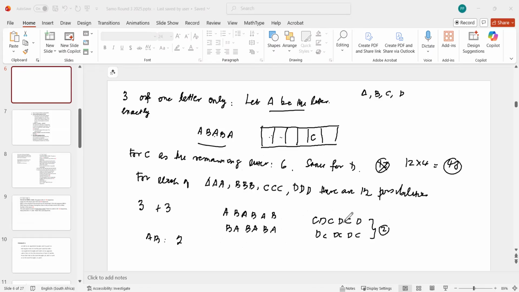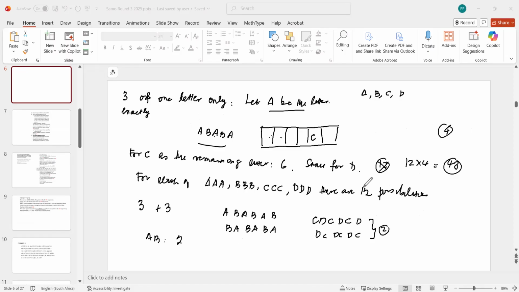I can't have 3 C's and 3 A's. That's impossible, because if I got 3 C's, the other one has to be a D. So you got only 4 here. Therefore we got 48 plus 4 so far.